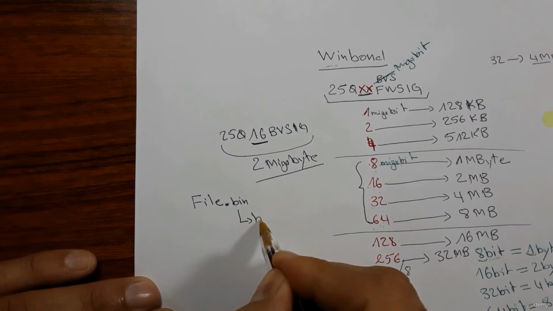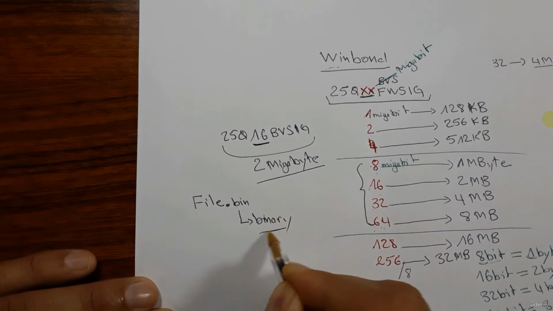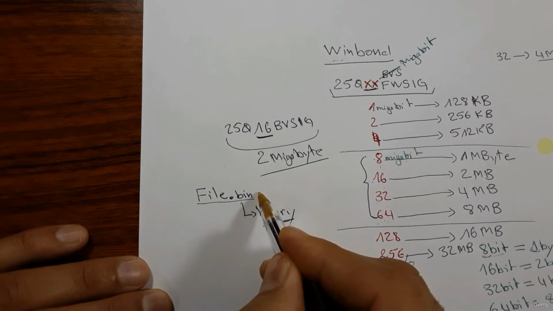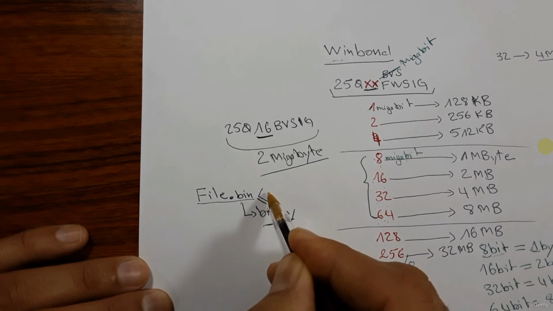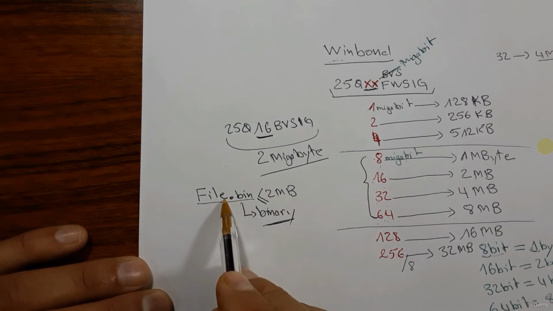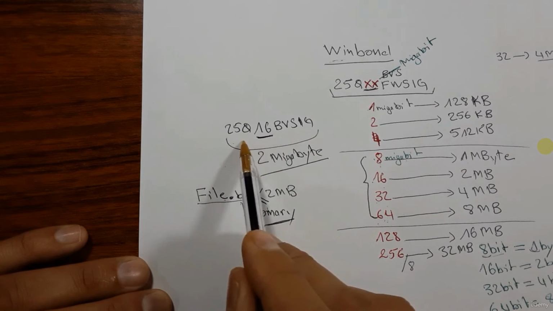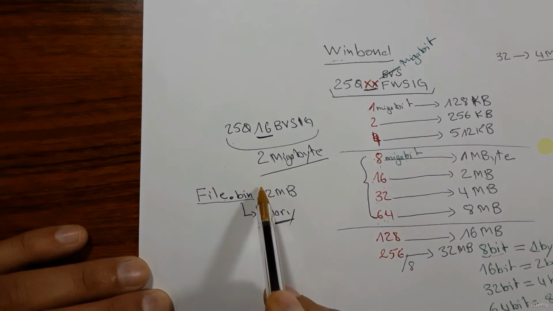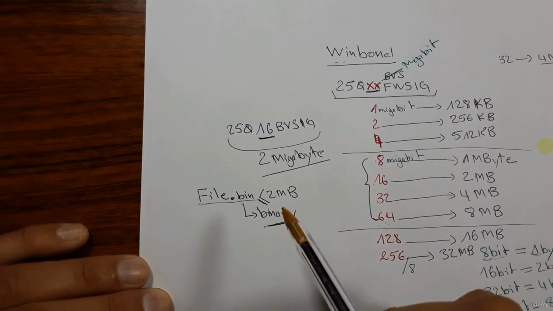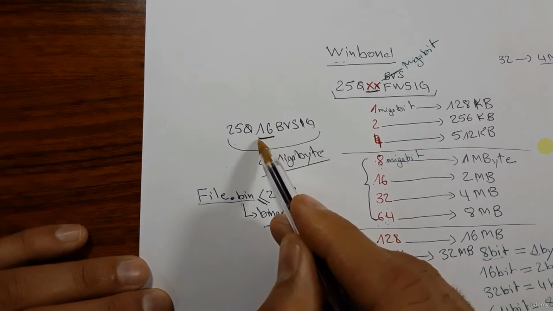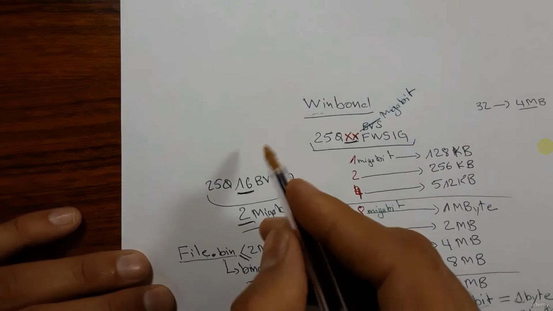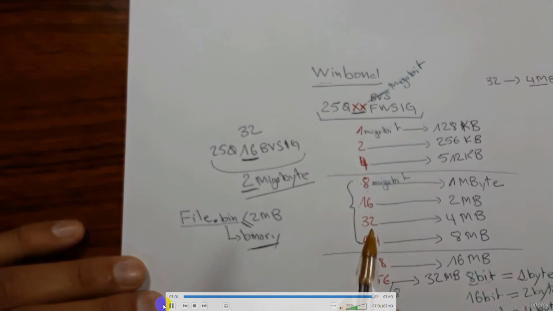Bin means binary, okay. So this file should be less than or equal 2 megabytes. This file that we want to use to flash this IC with this reference should be less than or equal to 2 megabytes. Why? Because the maximum size of this BIOS IC is 2 megabyte. Okay, the same for example 32 here.